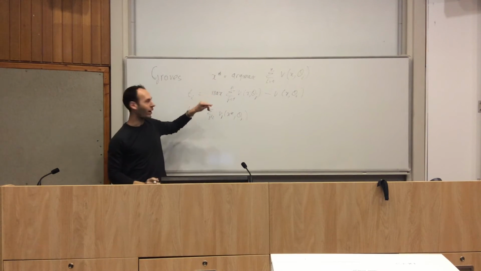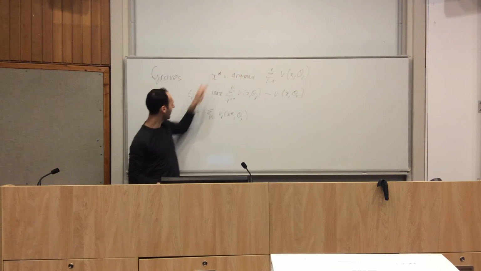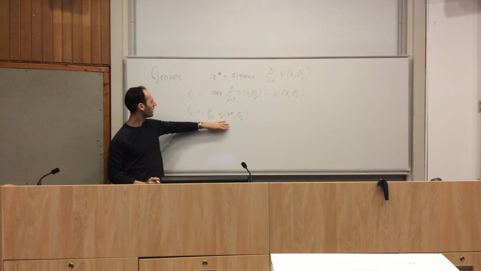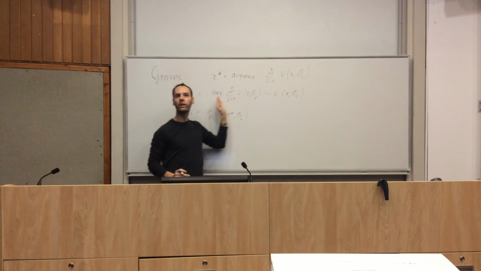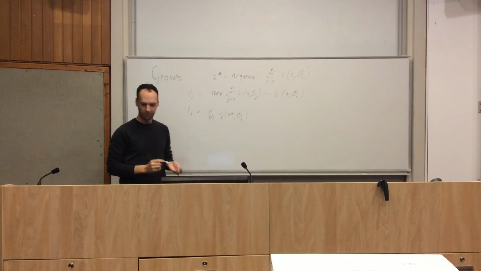So you can do it in two ways. First, calculate the optimal social welfare, and then, given the optimal social welfare, compute the value of everyone else, or you can write it in one go, in one equation, like that. So these are essentially equivalent.